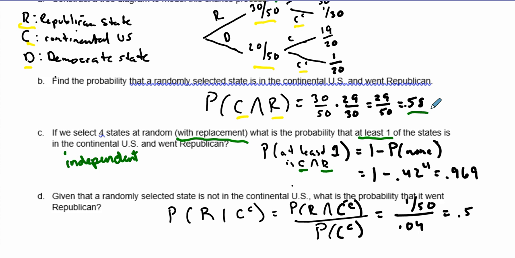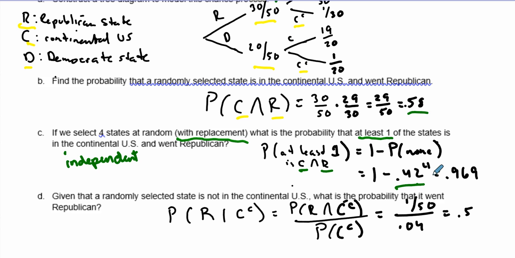Now, how do we figure out that at least one of those 4 states is? The probability of at least one of the 4 states is 1 minus the probability of none being in the 4 states. The probability of none is 0.42, because for it to happen it's a 58% chance, so for it not to happen, the complement is 42%, or 0.42.